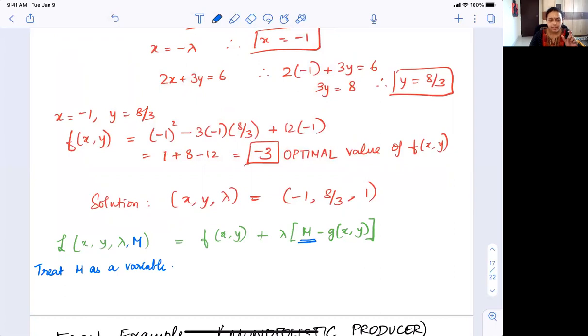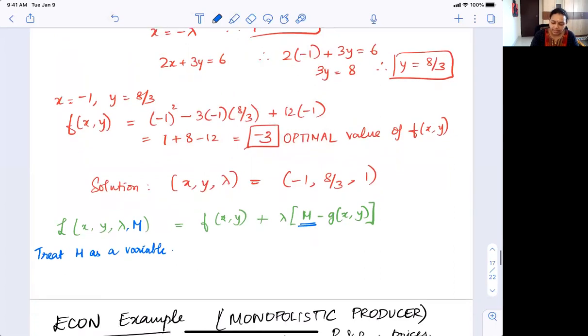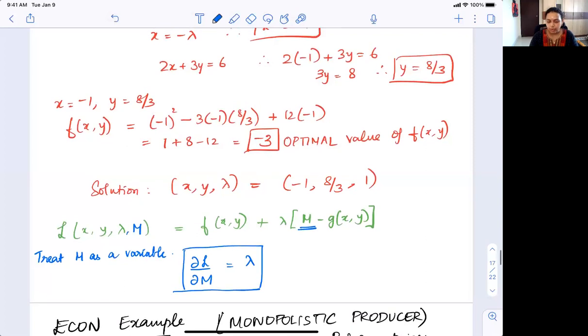So your Lagrangian value now depends on 4 inputs: x, y, λ, and m. Then, if you take the first derivative of the Lagrangian with respect to m, what do you get? You get λ.